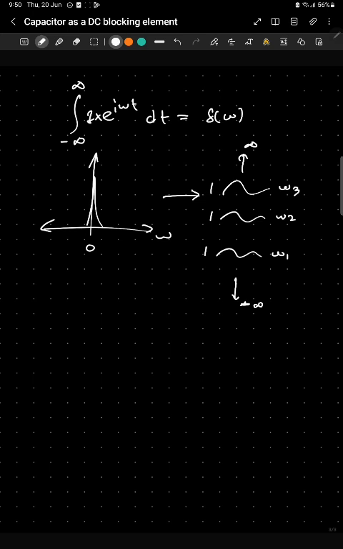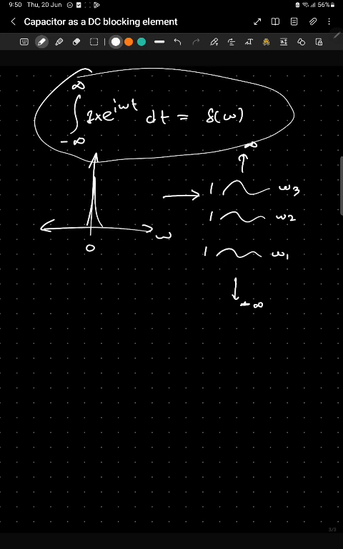You add frequency omega 1, omega 2, omega 3, and so on to get this localized wave pulse. Now we can actually use this in the other direction as well, because Fourier transforms happen to be self-inverse. So you can also make the following statement, that the Fourier transform of the Dirac delta is a constant function.